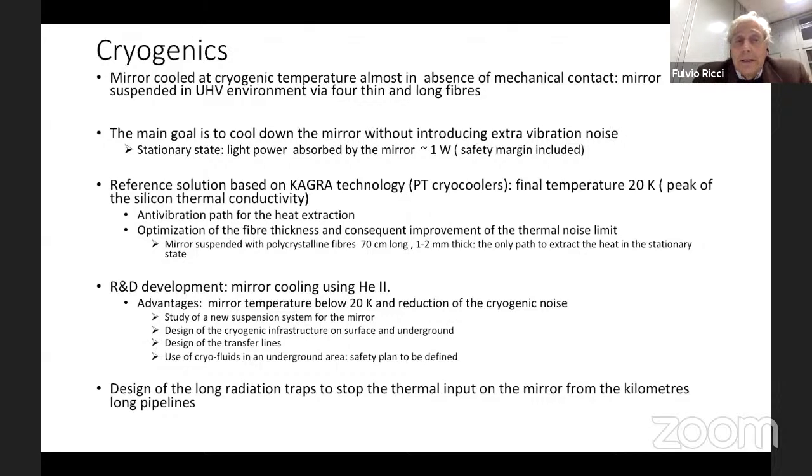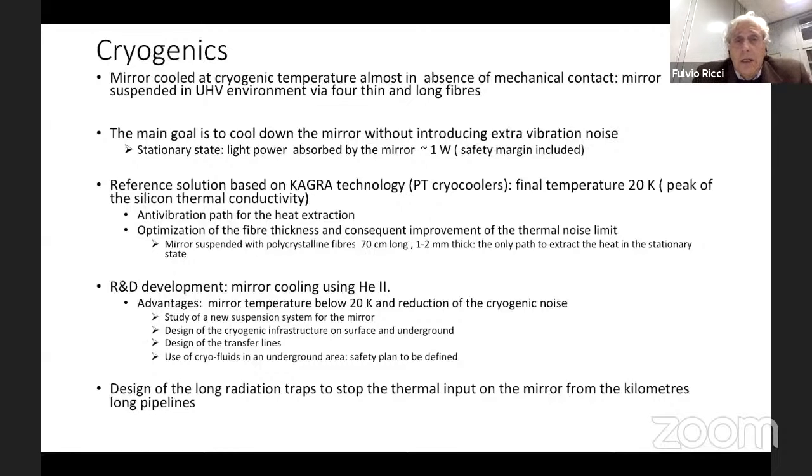So the problem of the mirror cooling is strongly interlaced with the development of the cryo payload, at least for LF. This must be studied in parallel with the development of the cryogenic payload.